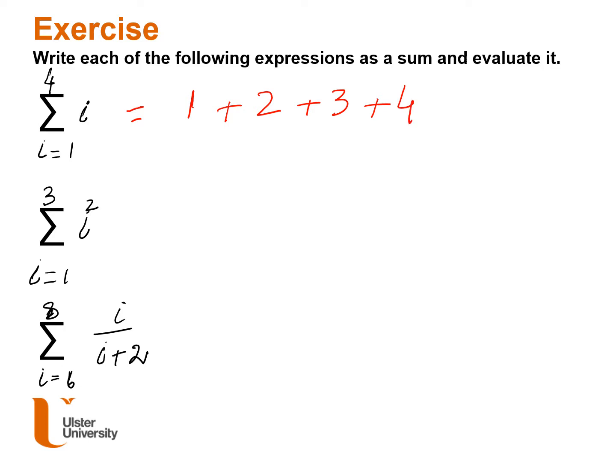We can see that the last term is 4, so we need to stop there. We will be adding 4, 3, 1 and 2, and it would be equal to 10.